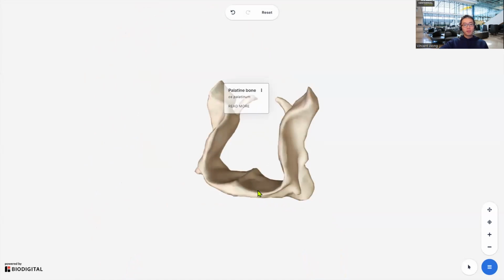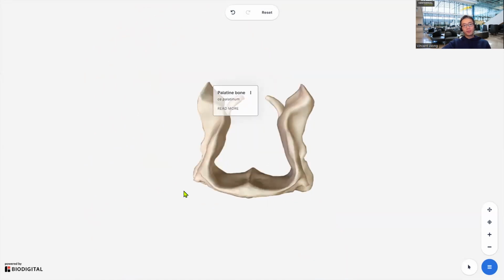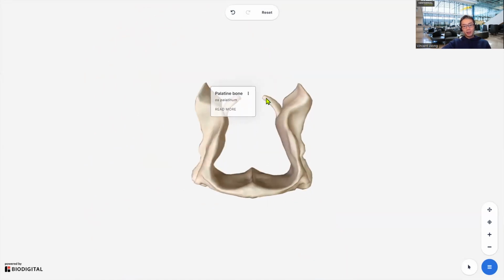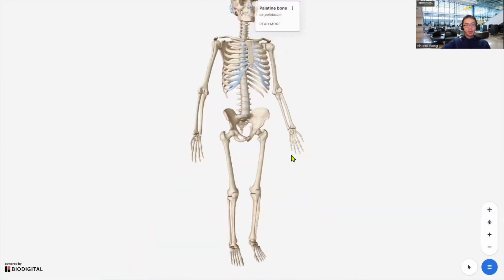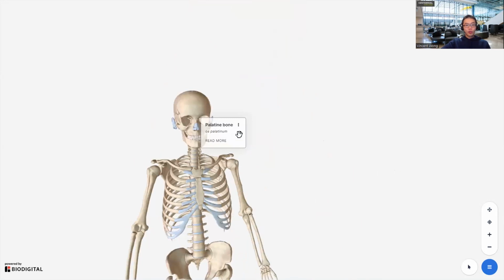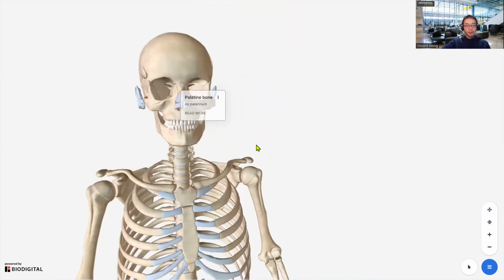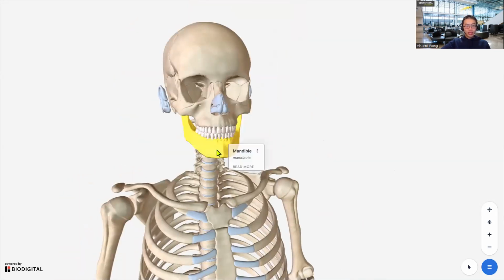The palatine forms the posterior 1/3 of your hard palate. Okay, so the front of the hard palate is the maxilla, and the back of it is the palatine bone. All right, and that little horn right there fits into a tiny spot in your orbit. Okay, so one palatine bone. Let me see if I can show you in another view. Maybe it's a little bit hard to use over here.